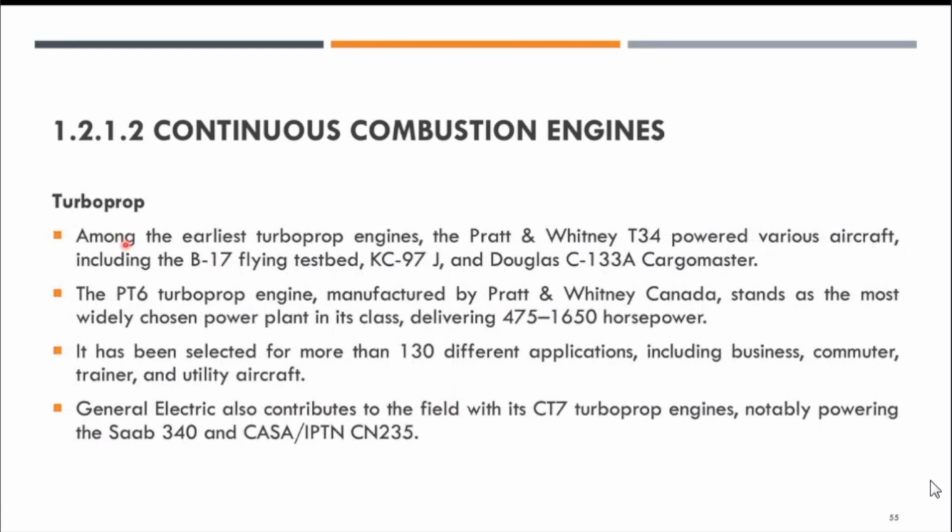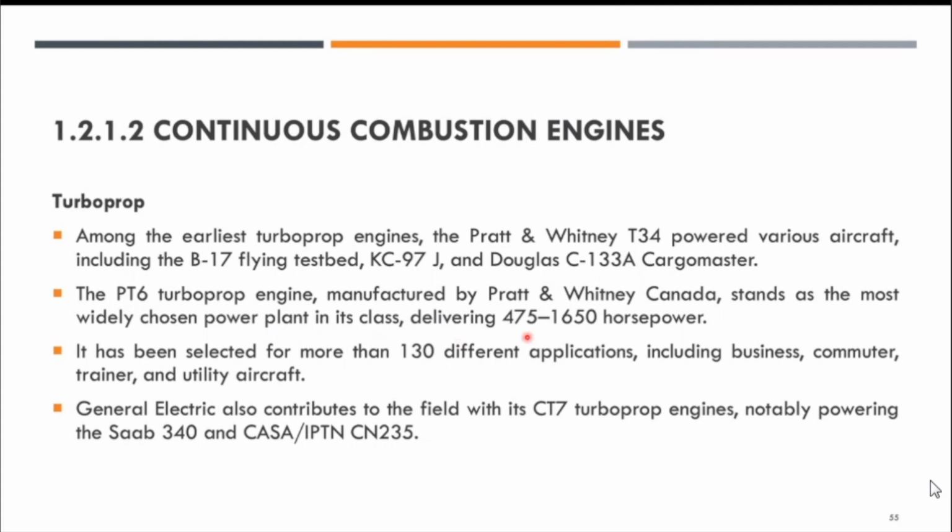Among the earliest turboprop engines, the Pratt and Whitney T34 powered various types of aircraft, including the B-17, KC-97J, or Douglas C-133A Cargomaster. Normally it is for bombers, cargo transport, and so on. The PT6 turboprop engine, manufactured by Pratt and Whitney Canada, stands as the most widely chosen powerplant in its class.